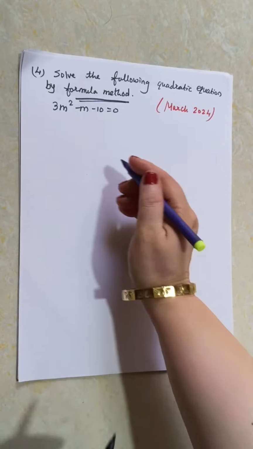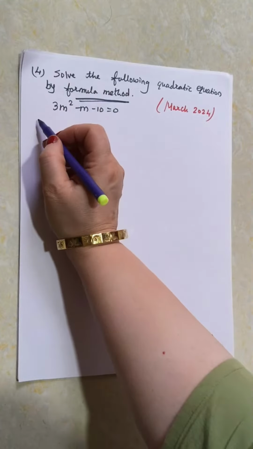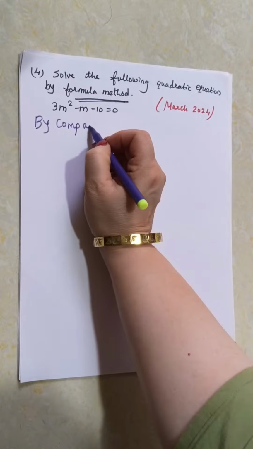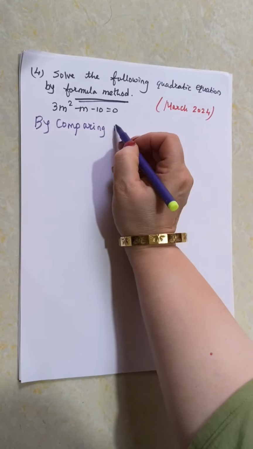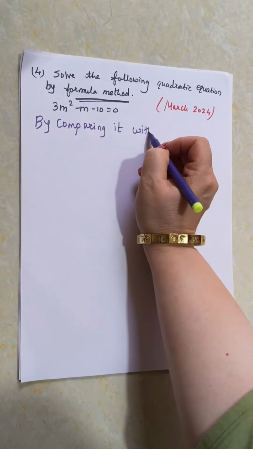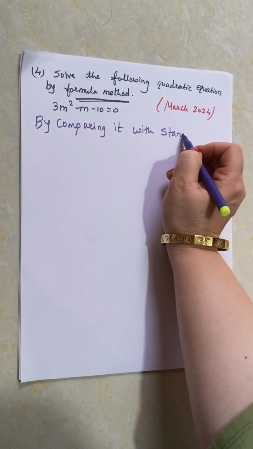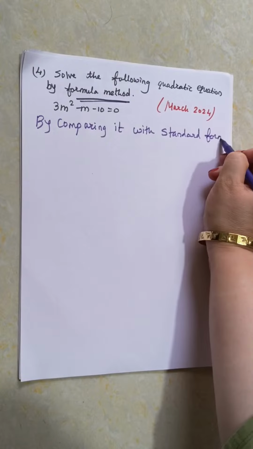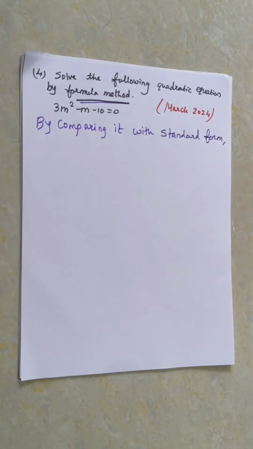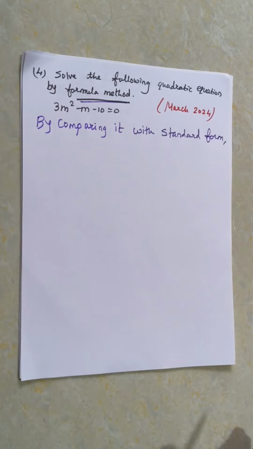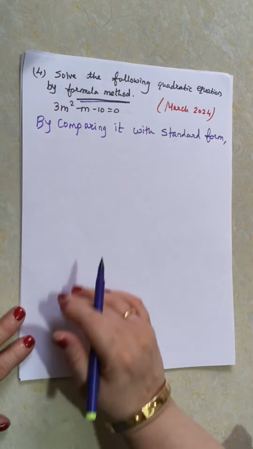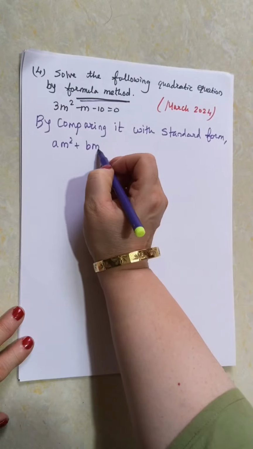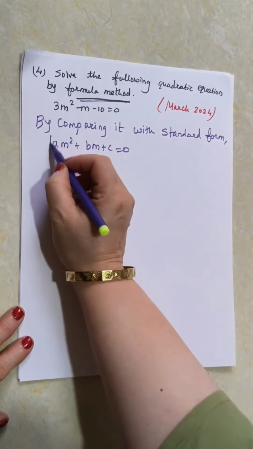So here also let us compare this with the standard form. So what is the standard form? m square plus bm plus c is equals to 0.